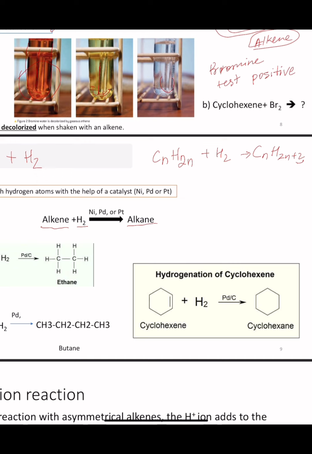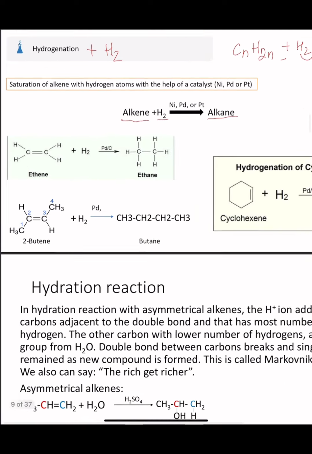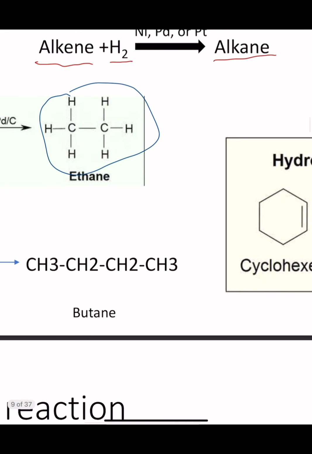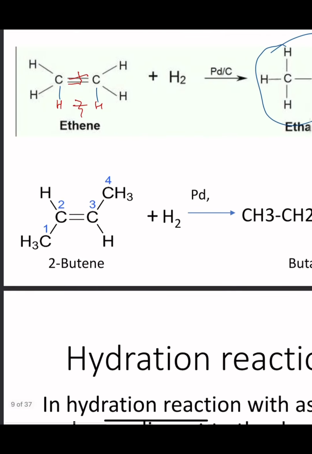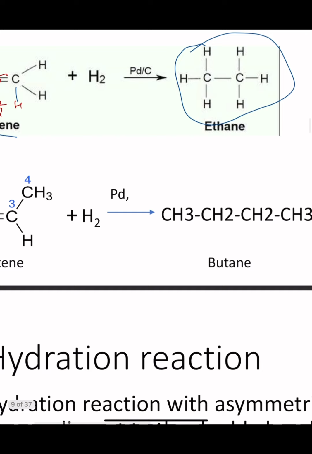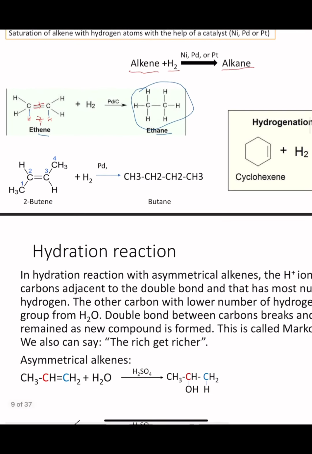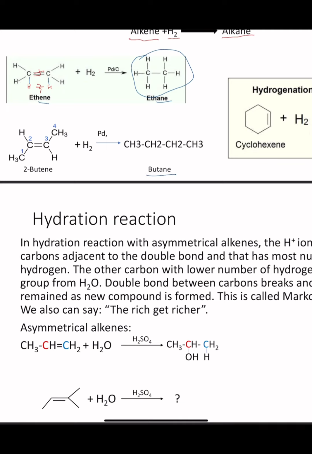As you see, the two hydrogens came into the formula. So I had here a double bond. I broke the double bond, and two hydrogens at the bottom. The bond is broken between the two, and then I make a bond, and this is the final product. From ethene, you see the ending, I get ethane. So 2-butene gives me butane.